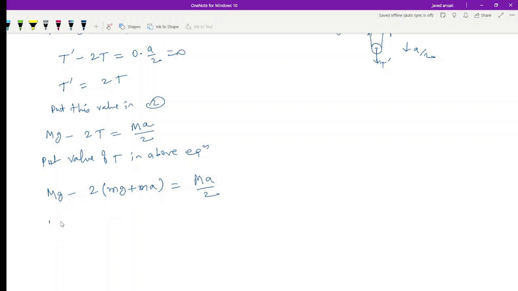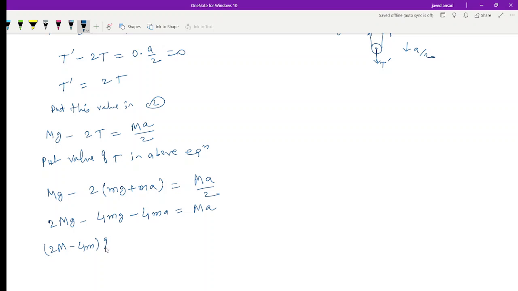So let's multiply it by 2 on both sides. So it will become 2 mg minus 4 mg minus 4 ma equal to ma. Bring ma to one side. So 2 mg, 2M minus 4 is small m.